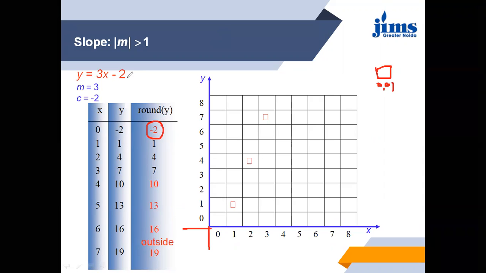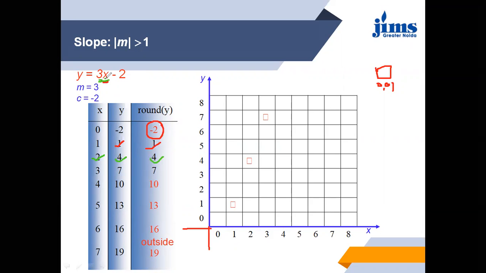When the value of x is 1, 3 multiplied by 1 is 3, 3 minus 2 is 1, so the value of y is 1. Let me change the color once more. When the value of x is 2, 3 multiplied by 2 is 6, 6 minus 2 is 4, so this is 4.